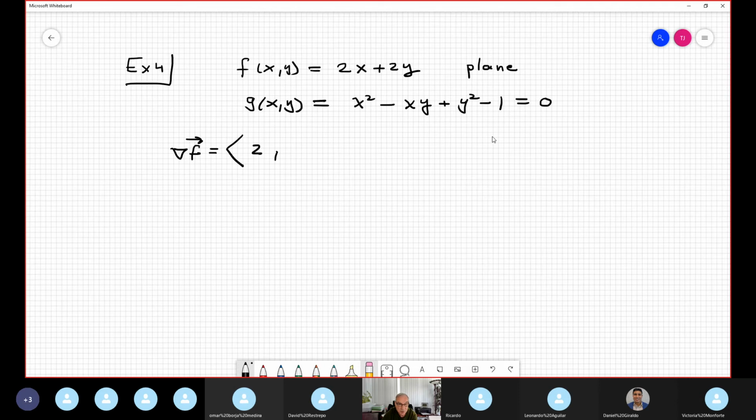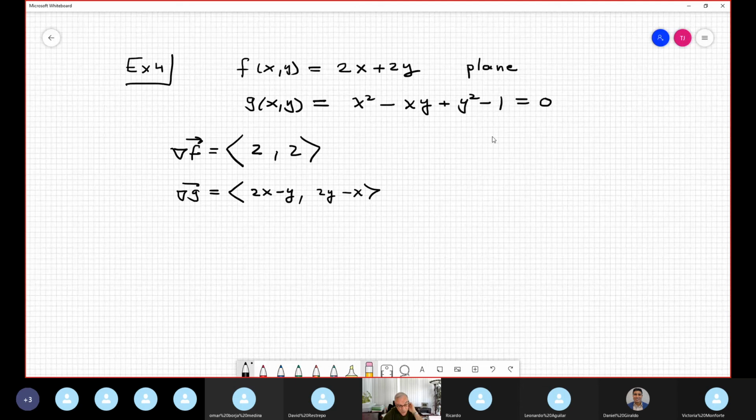The partial derivative with respect to y is also 2. This is the gradient, a constant, 2,2. And the gradient of g: the partial derivative with respect to x is 2x minus y, and with respect to y is 2y minus x.